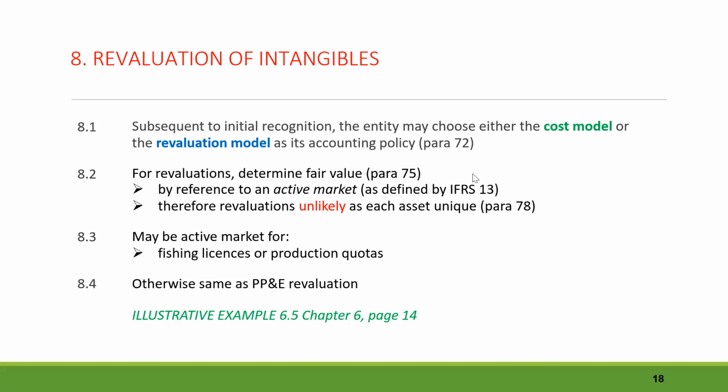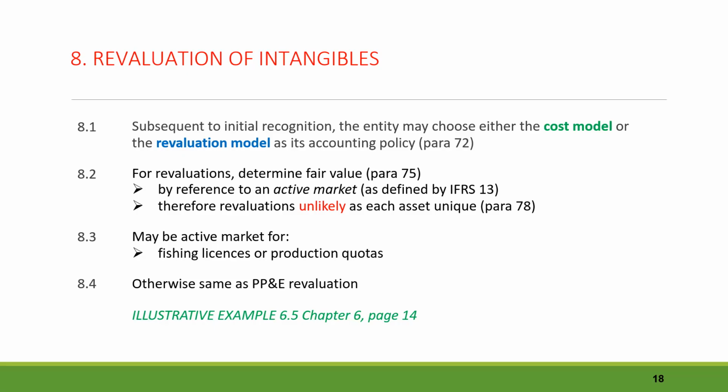If we were to carry the intangible asset under the revaluation model, we would need to reliably measure the fair value with reference to an active market. And intangible assets don't generally have active markets or markets where there are a lot of interested buyers and sellers. It's basically not easy to just go and buy and sell intangible assets, as we discussed at the start, right?